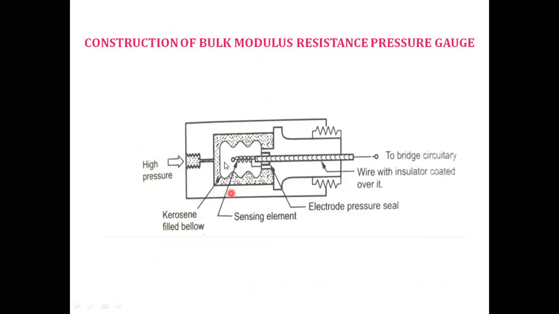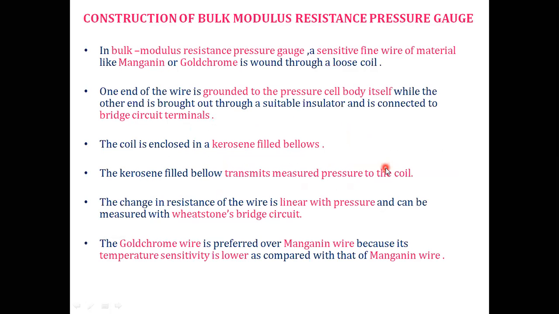High pressure is given from this terminal and it is given to a kerosene filled bellow, and thereafter it is transmitted to the highly sensitive insulated wire, and thereafter it is connected to the Wheatstone bridge. From this Wheatstone bridge, the pressure is converted to a changing resistance. In terms of changing resistance, I can obtain the high value of pressure. This is the constructional feature of that one.